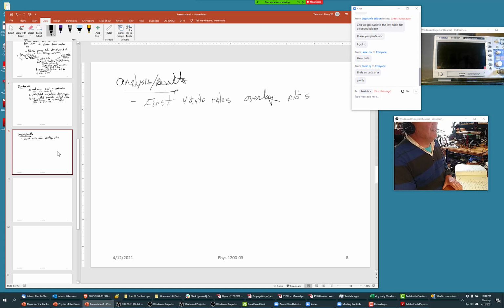Okay, so we have the overlay plots. So you show those. Remember, appropriately pretty. And then you say, okay, we decided on, I think it was 50 hertz, but remember, you have to say why.